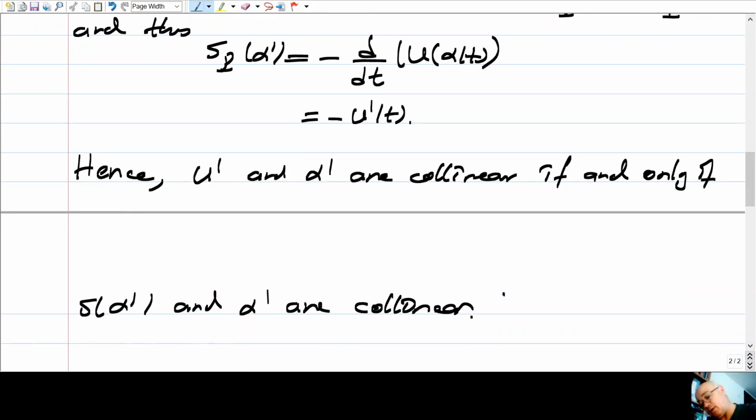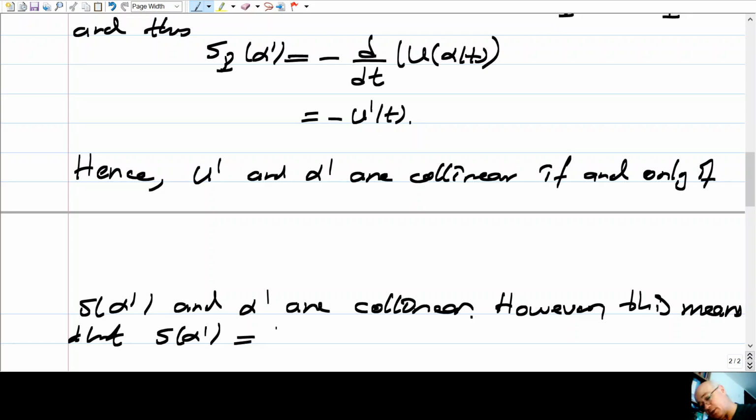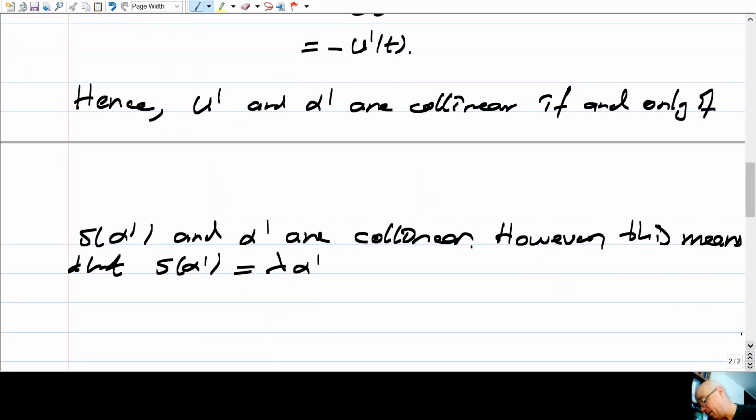But this means that S of alpha prime is just lambda times alpha prime, and thus alpha prime points in a principal direction.